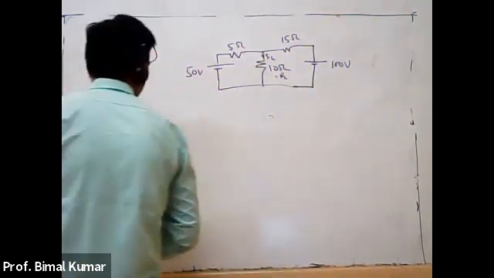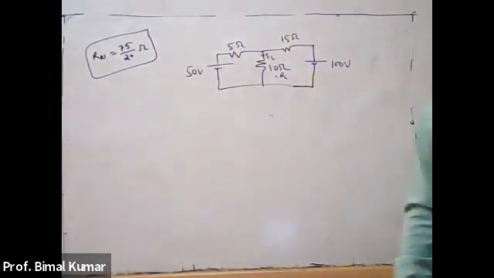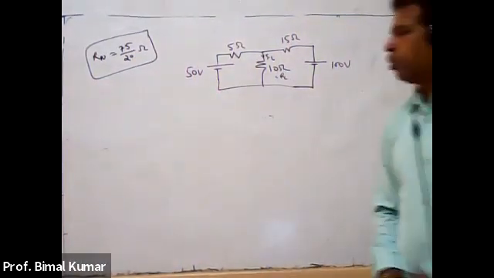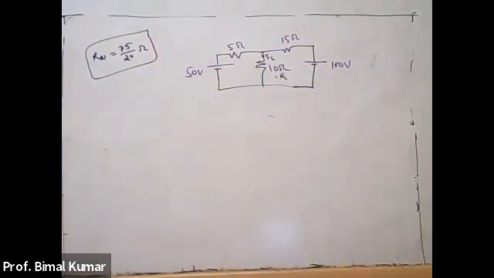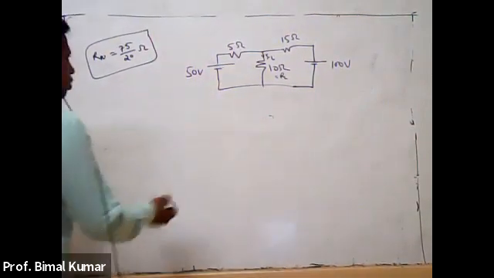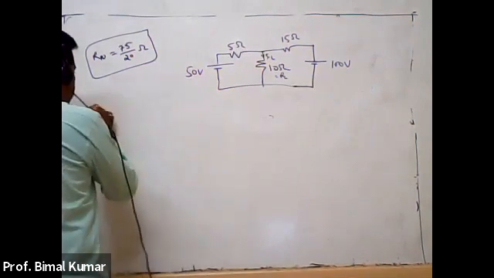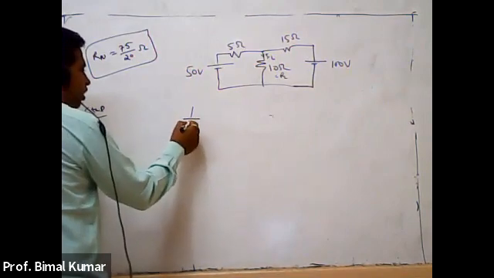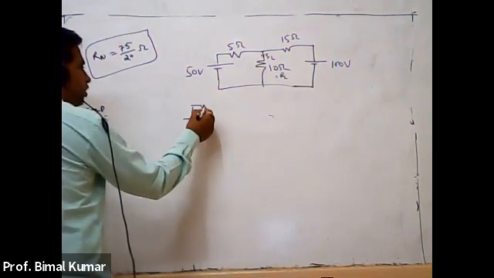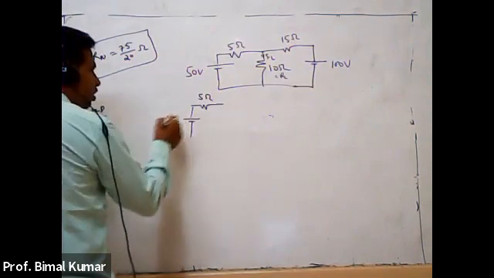Fine. Now next I will have to calculate the short circuit current, because I want to calculate this with the help of Norton theorem. So the next step is to place all the energy sources in the circuit again.